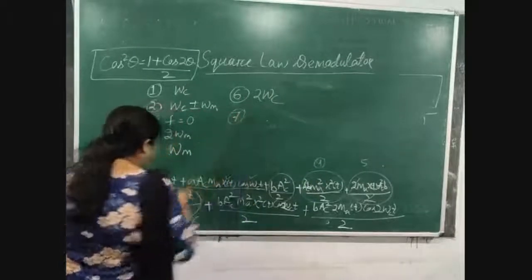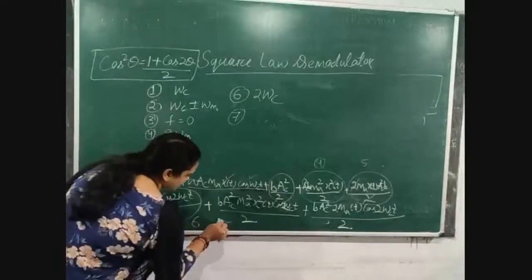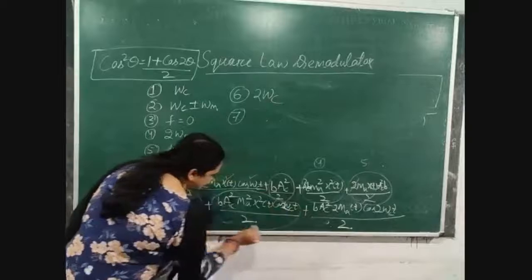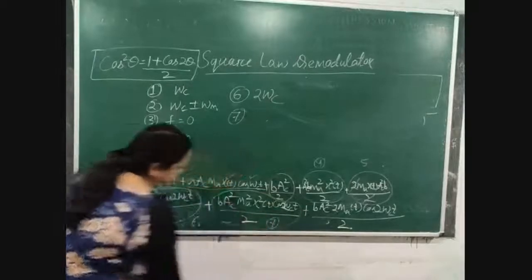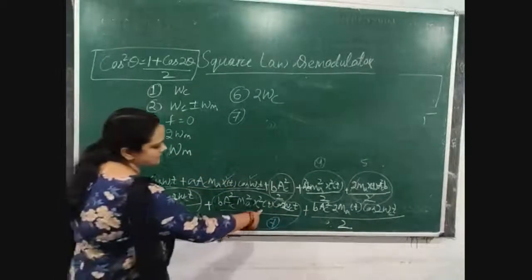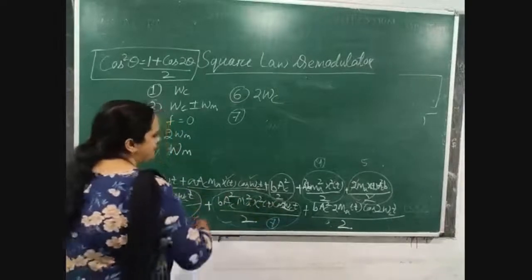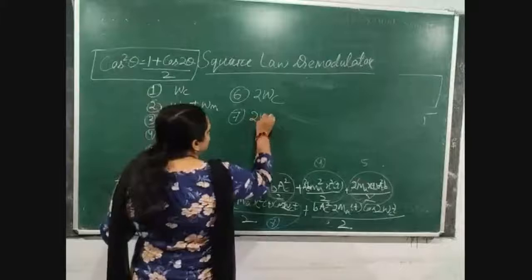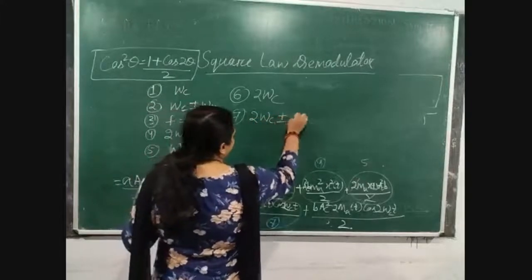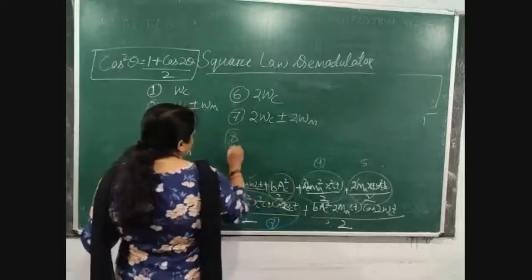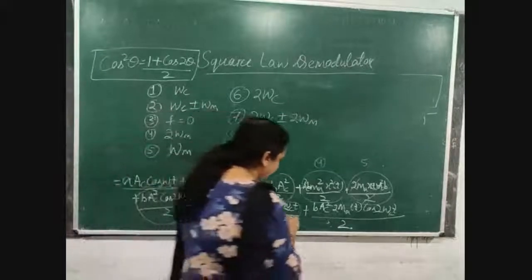Then in the seventh term, this one is the seventh term. Here x square of t and cos 2 omega ct are present, x square of t cos 2 omega ct, means 2 omega c plus minus 2 omega m. Then the last term, that is the 8th.